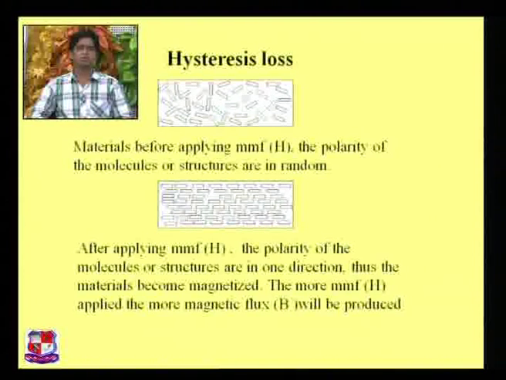So the molecules will consume some energy to align themselves, and this energy is not utilized. So this energy is lost. So basically hysteresis loss is energy loss, and this loss is taken by the molecules to align themselves when the MMF is given.